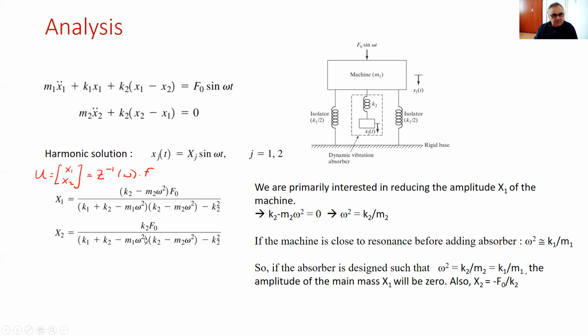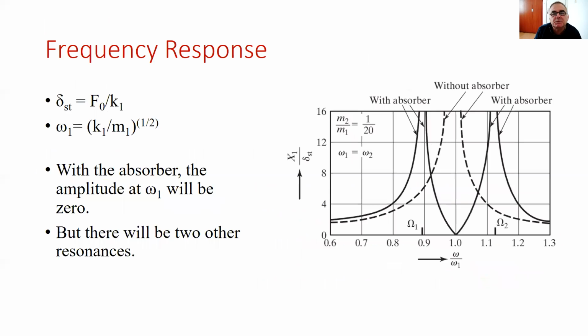So you have minus F0 over K2 as your amplitude for the second mass. It will be vibrating out of phase with your forcing. It is quite a useful thing to do. So you tune your absorber so that the natural frequency of your absorber matches the forcing frequency. That's how you design your absorber.